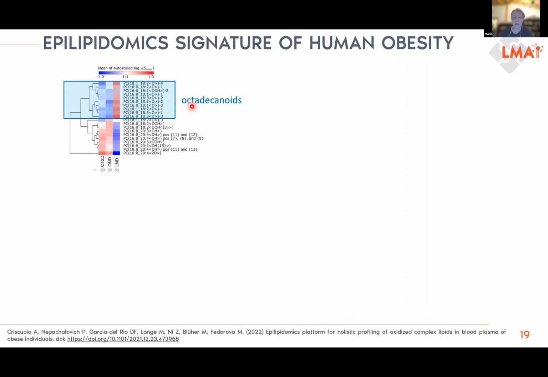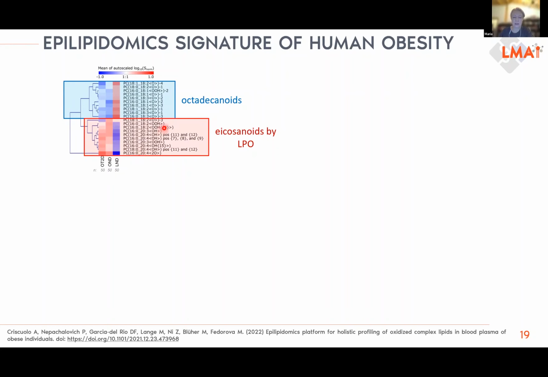And their levels were not that high because we could identify that they're oxidized, but rarely we can distinguish the type of modification or the position. And when we look now on the obese individuals, we see that the majority of the modified species here are carrying eicosanoids, so acyl chain with 20 carbons.